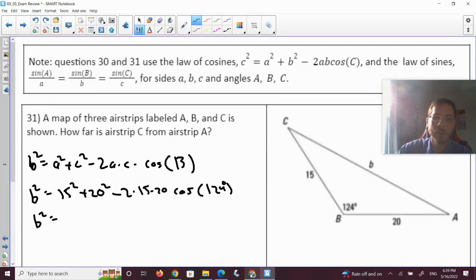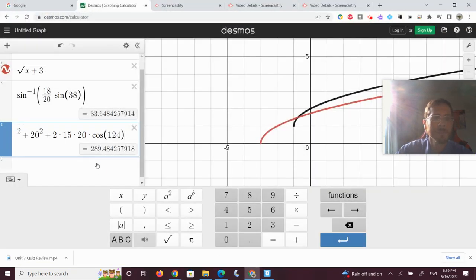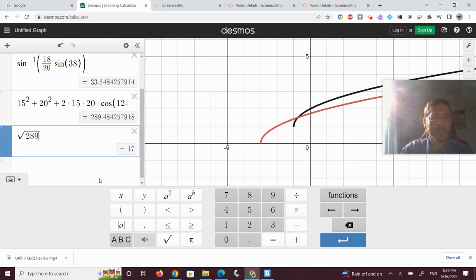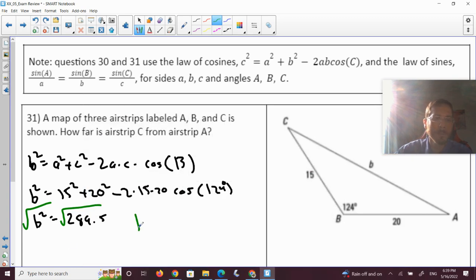Okay, so b squared is 289.5, about. Now to get b by itself, we have to square root both sides. The square root of 289.5 is really close to 17. So we're going to go with 17. And that's it. So we're all set.